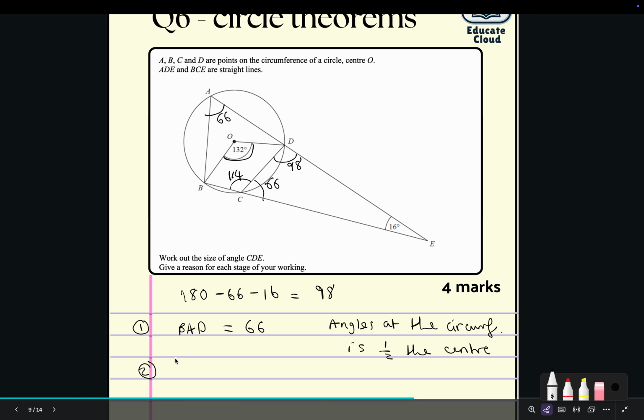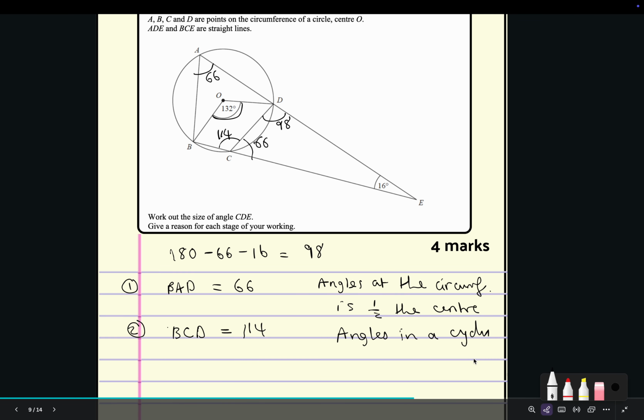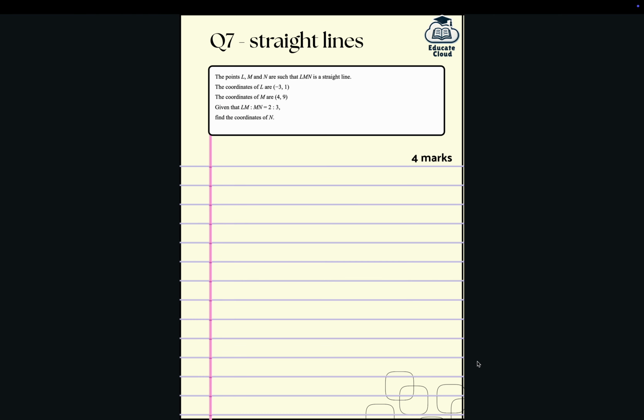Those two are the key points that you definitely need to write. Okay, so BCD, that is 114 because angles in a cyclic quadrilateral add to 180, and then you can just do the rest of it.